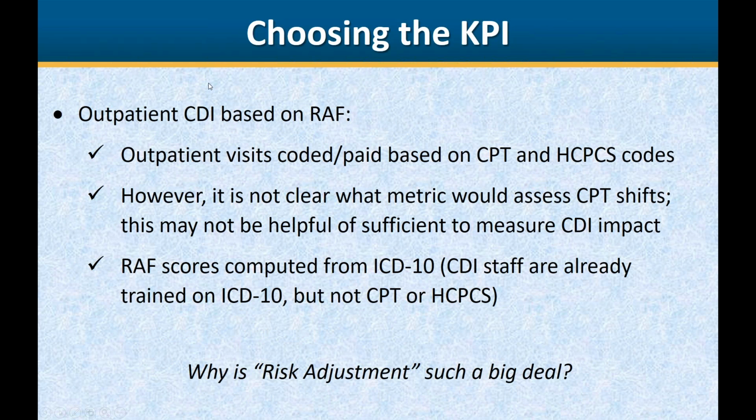It happens that outpatient visits, while they may be coded and paid on CPT and HCPCS, the RAF scores are computed from ICD-10 codes. And guess what? Our CDI staff already knows about ICD-10, and they may not know about CPT and HCPCS codes. So it's a natural when you're taking your CDI staff from the inpatient and extending them into the outpatient arena.